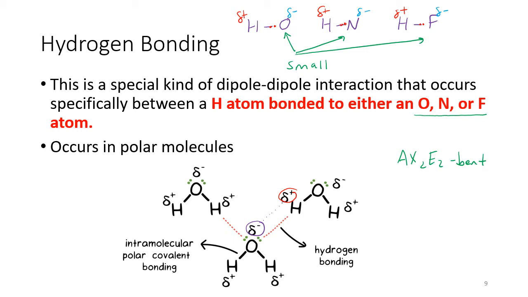That same oxygen can interact with another partially charged hydrogen on a different molecule and form another hydrogen bond. This pattern will keep repeating itself, and the hydrogen bonding between something like water actually allows for water to have some interesting properties as well. Typically, a hydrogen bond is about 5 to 10 times stronger than other dipole-dipole interactions.